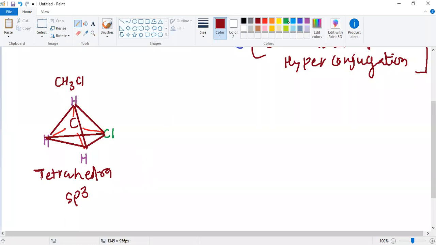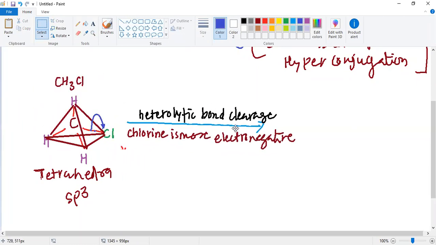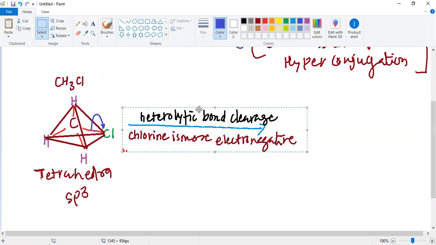Now what happens, dear students, is that this bond gets broken, and both the electrons of this bond go to chlorine. This is heterolytic cleavage, and we know that chlorine is more electronegative than carbon.